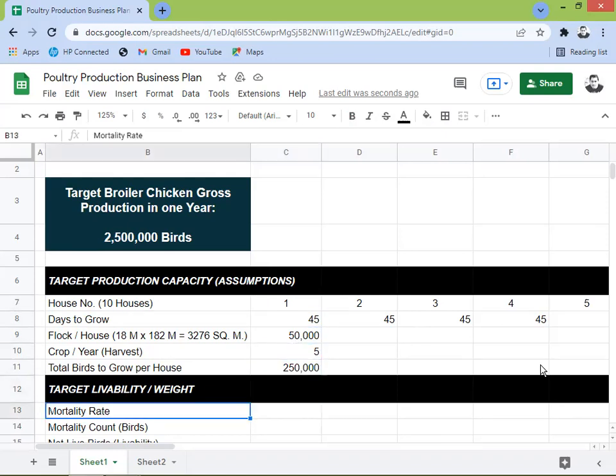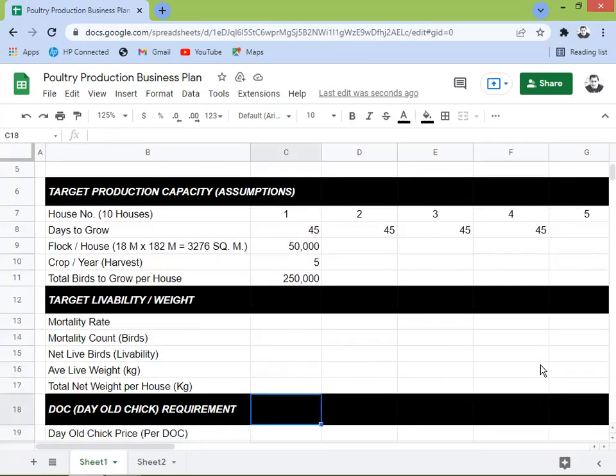When you are raising livestock, there is always what you call a mortality rate. Whether you like it or not, birds will die. It could be because of stress, sickness, or too high temperature if you're not able to control the temperature of the house, or poor ventilation.